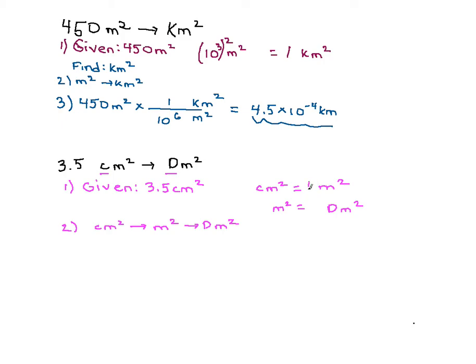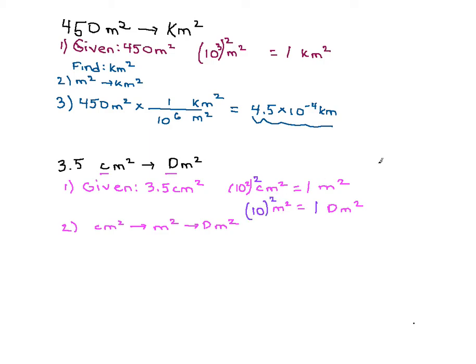Well, meters. How many centimeters in 1 meter? Well, 10 to the second centimeters in 1 meter. But remember, since that's raised to the second, this also has to be raised to the second. Here, which one's bigger, meters or decameters? Decameters. And there are 10 meters in a decameter, but I have to also square that.